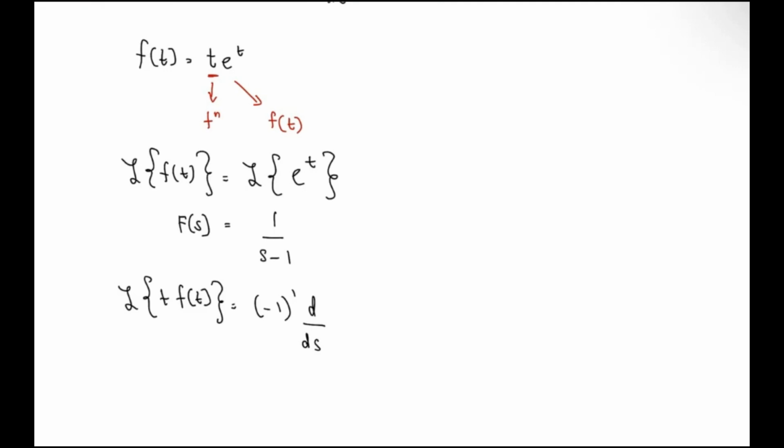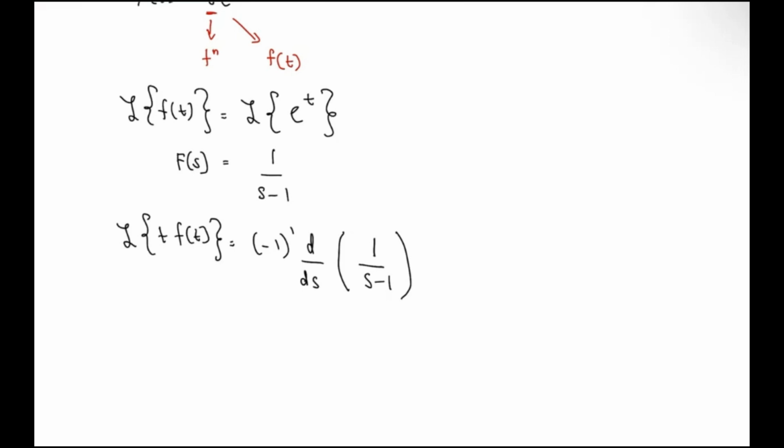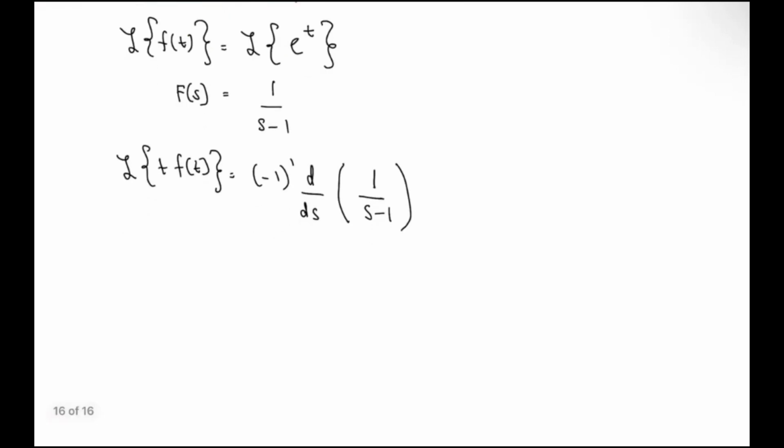That means only a first order differentiation of F(s), where our F(s) is 1 over s minus 1. So now you need to differentiate this function. After you get the first order differentiation, you must multiply with negative 1. This is equal to negative 1.